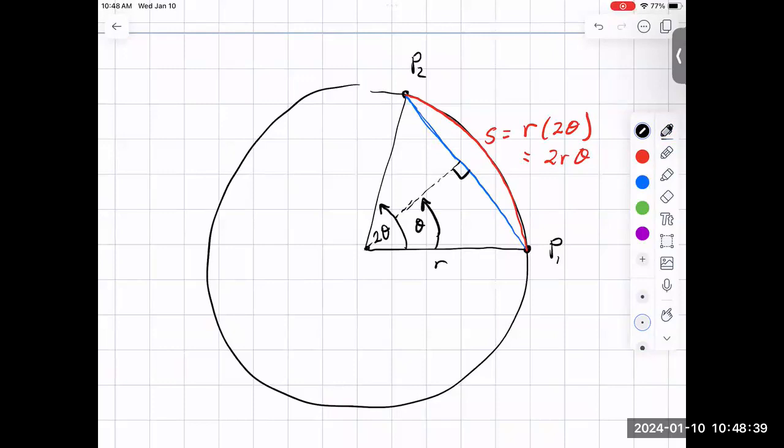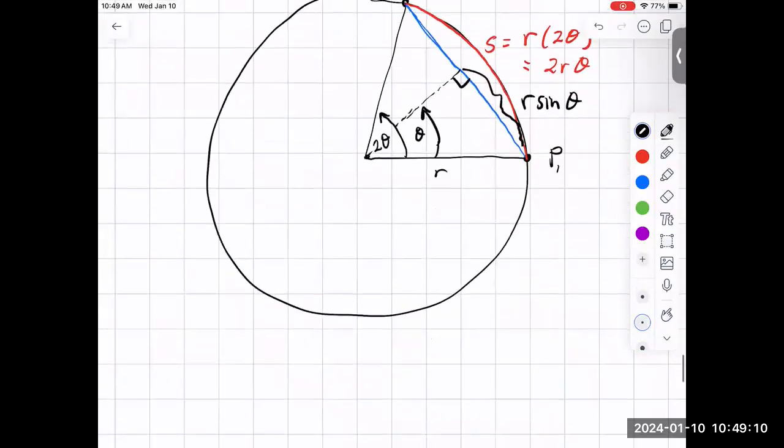Okay, and if I want to know the length of half of this blue line, what is it? It's r times, is it cos theta or sine theta? It's the side that's opposite of the angle. So it's sine theta. So r sine theta is half the blue line.